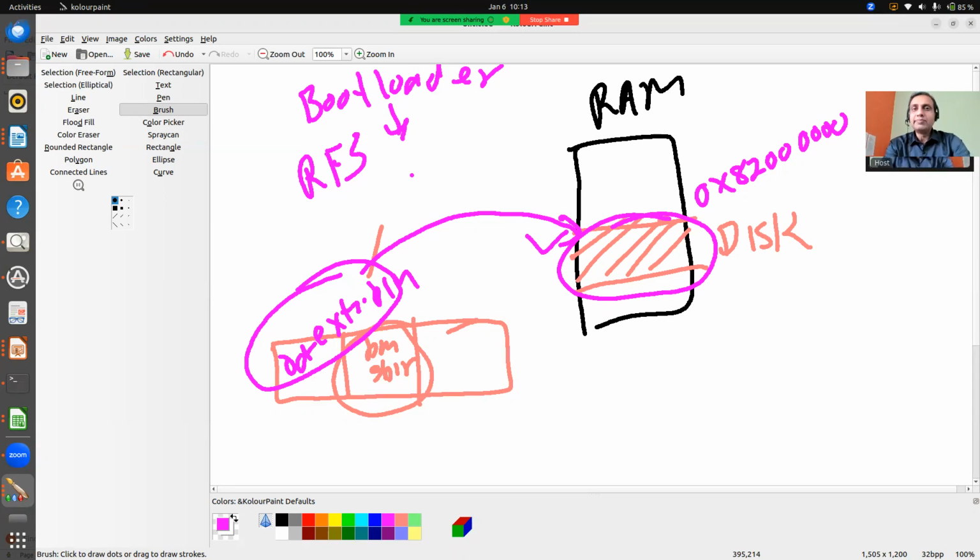During boot up, the kernel will mount this content which is there on the RAM as the root file system. That's where your root file system now is, on the RAM disk. So that's the usage of this RAM disk.